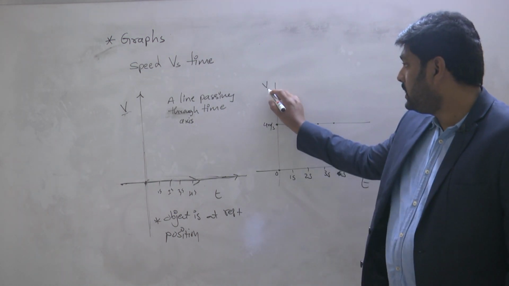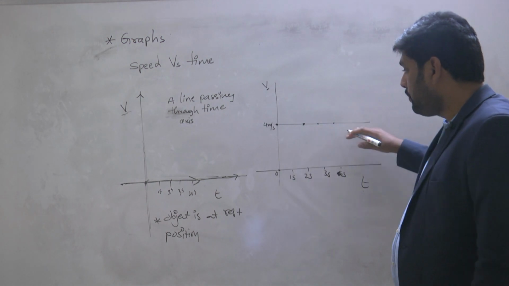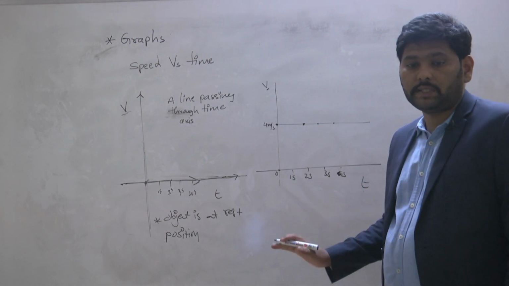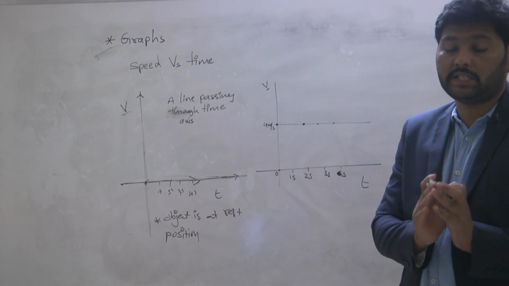So in this speed versus time graph, a line parallel to the time axis represents that the object undergoes constant velocity, constant speed.